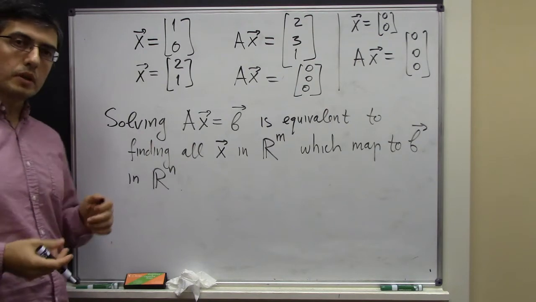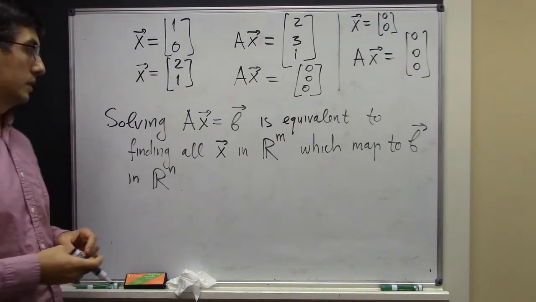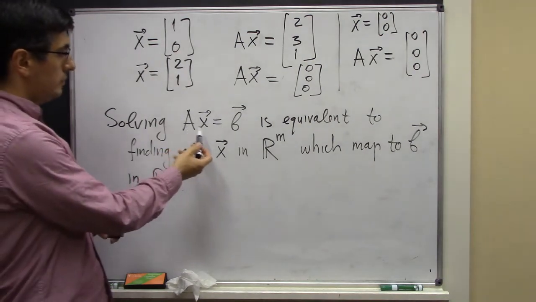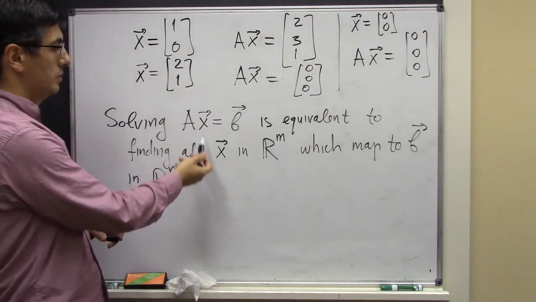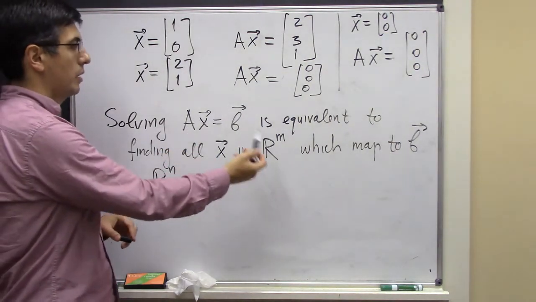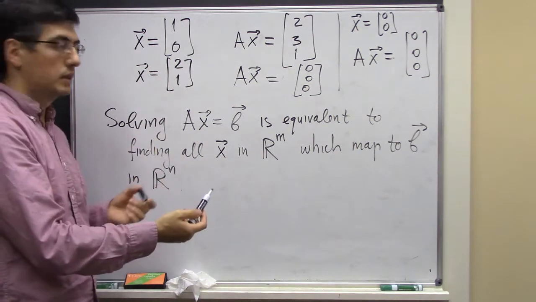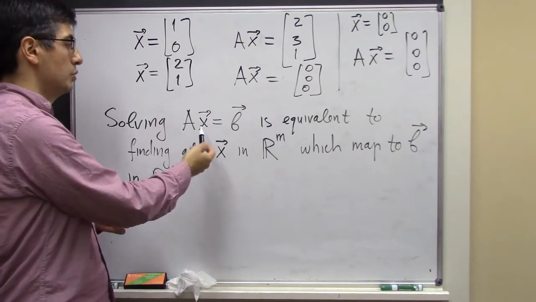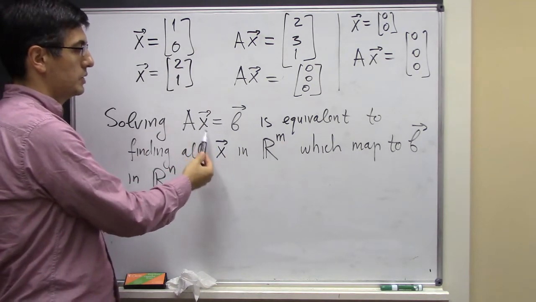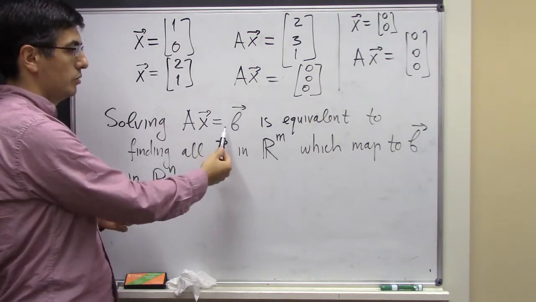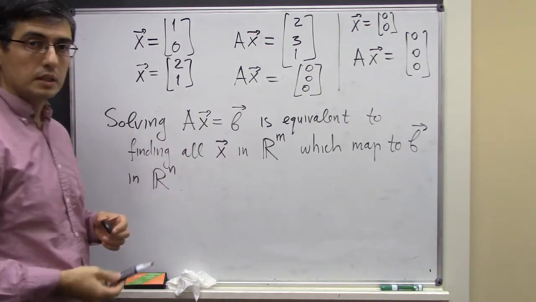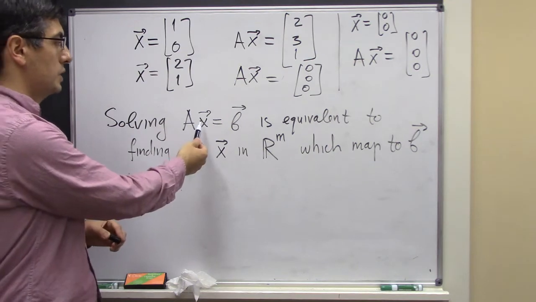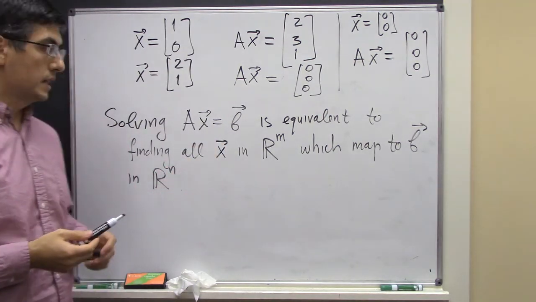So this is an abstract way of looking at solutions of linear equations. You plug in every x in R^m and you compute what you get. Solving a system of linear equations amounts to finding those x that make this true, which in terms of these linear transformations simply means that you're finding those x that map to the same b.